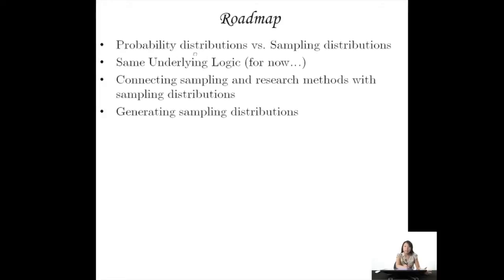For now, we could apply the same fundamental logic from probability distributions directly to sampling distributions. We could treat them roughly similarly. But I do want to connect sampling and research methods, two topics we've covered before, with sampling distributions. And then we're going to finally talk about actually generating sampling distributions.